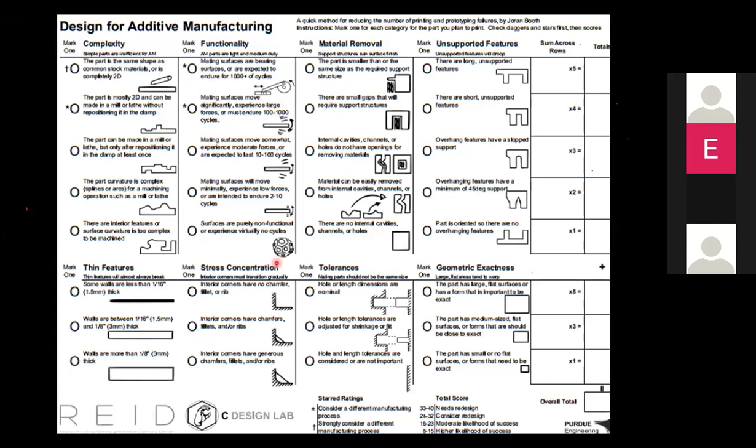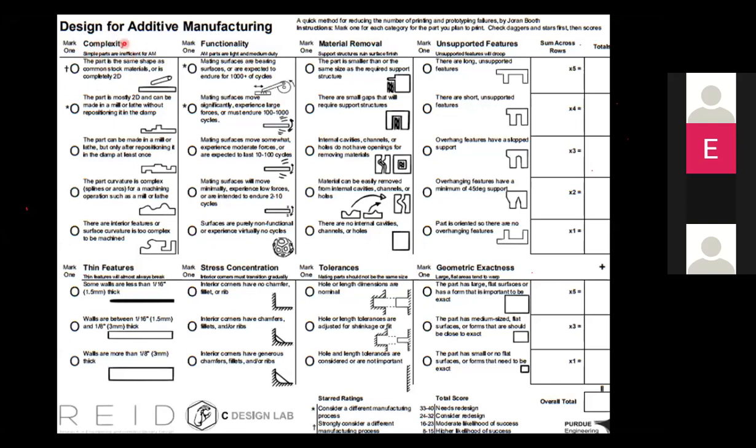And like the C Design Lab from Purdue University, they have developed a mechanism where you can scan through your model. So you have a design with you, and you can scan through your design. They have classified these metrics into different categories.